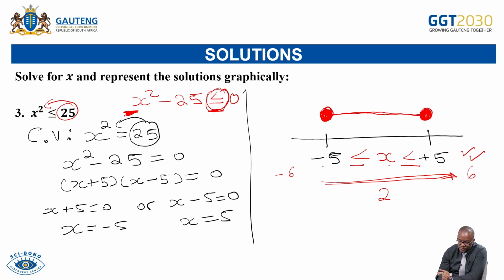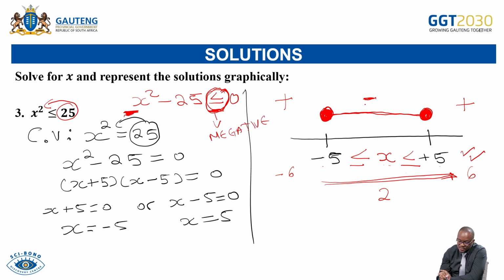Always it will give you that when you substitute -6 there, you get a negative number, and you also get a positive number there. But this one, it's less than or equal to. We're now looking into negative numbers.